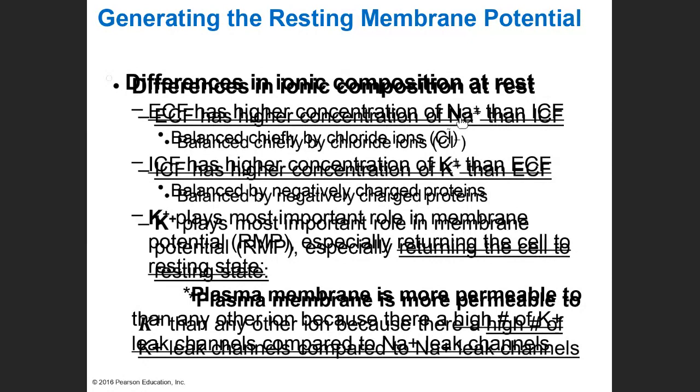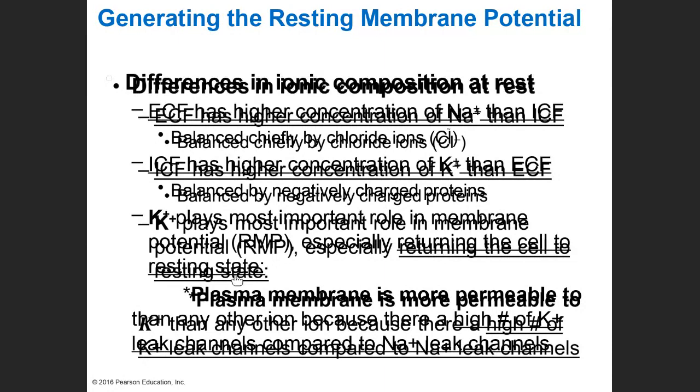So to end or stop the action potential, we need to bring the cell back to a negative resting state. To do that, one thing the cell is going to do to bring the neuron back to a negative state on the inside is get rid of positive charges that are located inside of the cell. So we're going to use potassium and its positive charges, and we're going to have the potassium leave the cell to return the neuron back to a resting state.